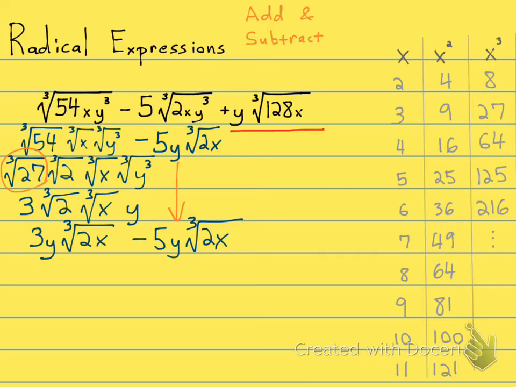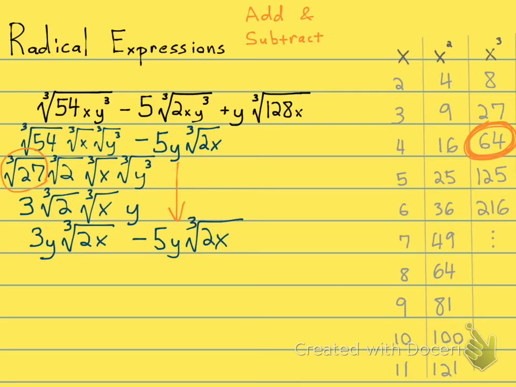And now let's look at the last term. Plus y cubed root of 128x. So I know I don't know the cube root of x. Do I know the cube root of 128 or anything that goes into 128? I come over here and I'm looking at my cube roots. 128 is not a perfect cube, but 64, if you know any binary numbers, 64 goes into 128.